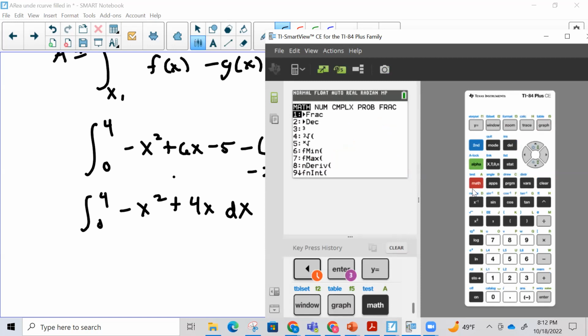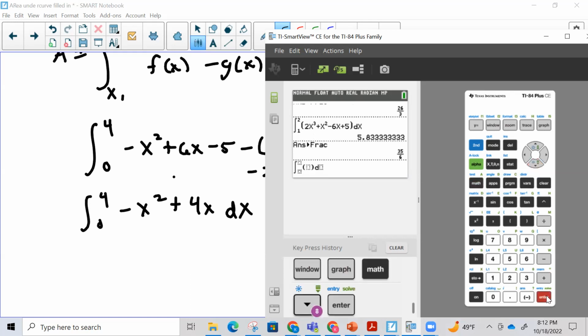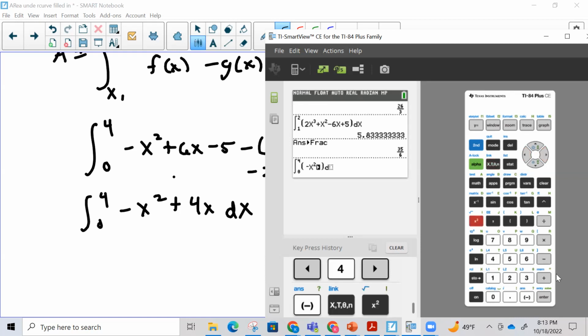On the calculator, to check it, you hit math, go down to number 9 for fnInt. We put our bounds, and then I'm going to put negative x squared plus 4x dx and hit enter.